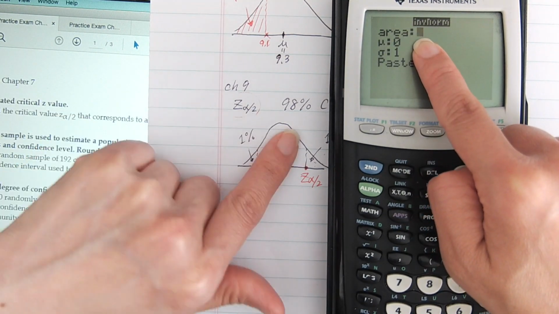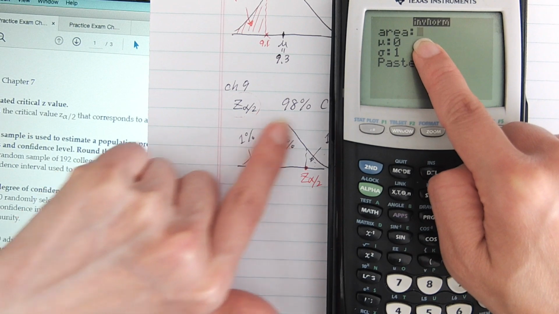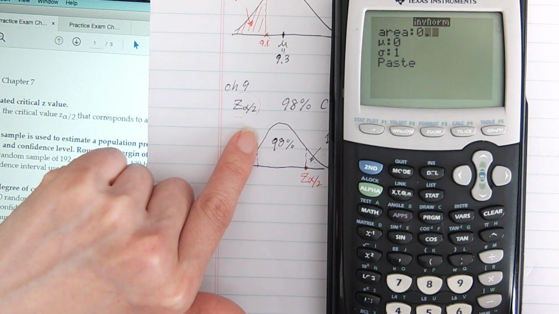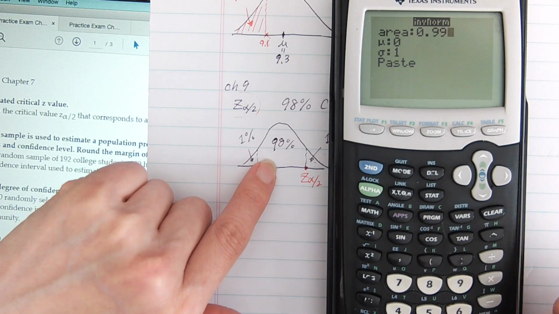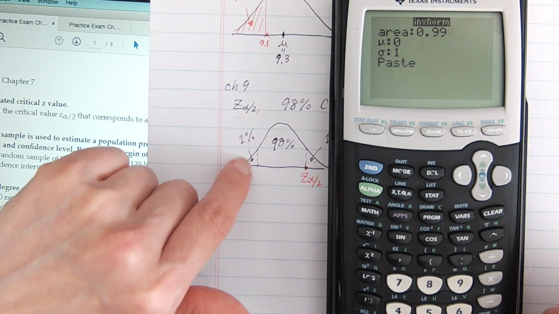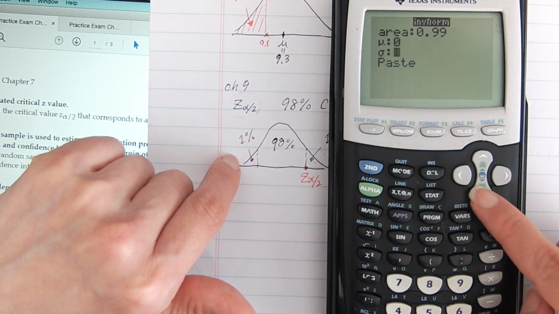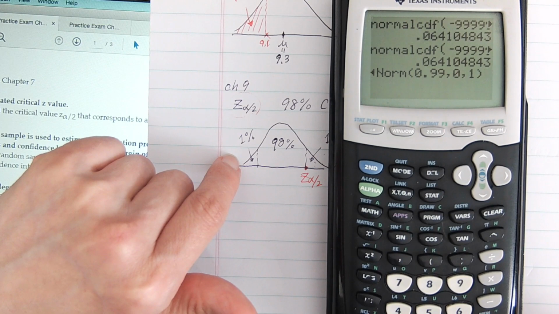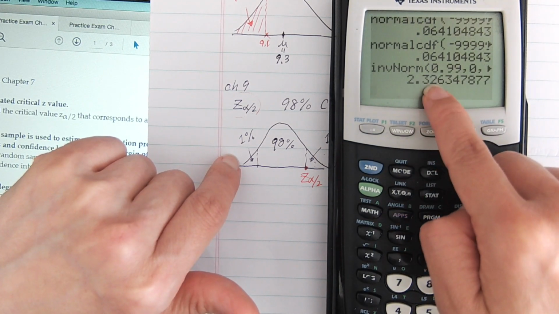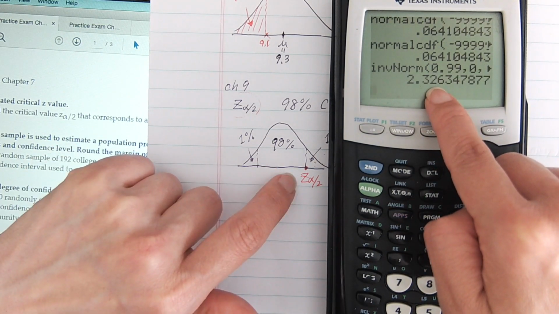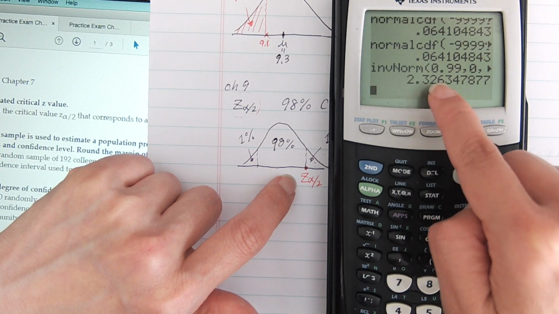What's my area? What's my left side area right here? 0.99, right? Because 98% and the 1% makes 0.99. Then mean 0, standard deviation 1. So that's your final answer, this number, 2.326.